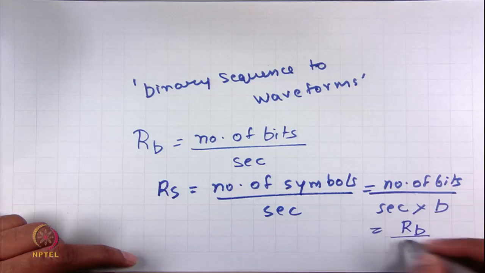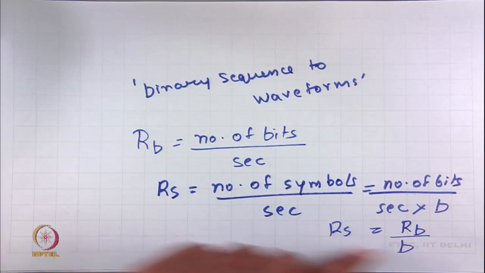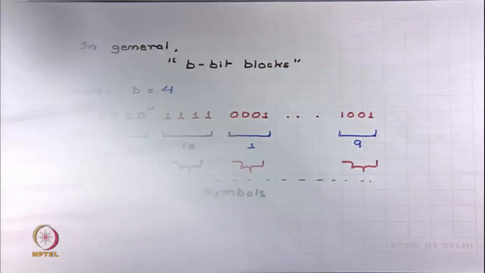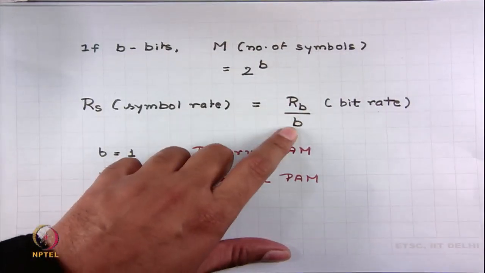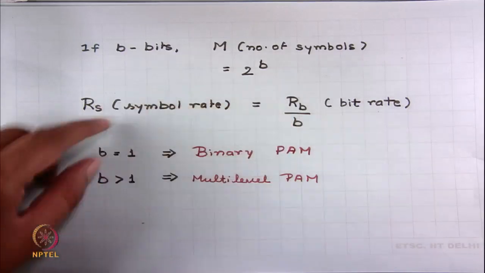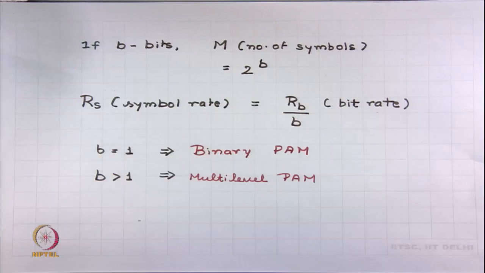So, I get a very neat expression relating the symbol rate and bit rate. So, we can say that the symbol rate is nothing but the bit rate divided by B, because for every B bits you are going to have one symbol, right. So, this is the relationship between symbol rate and bit rate.